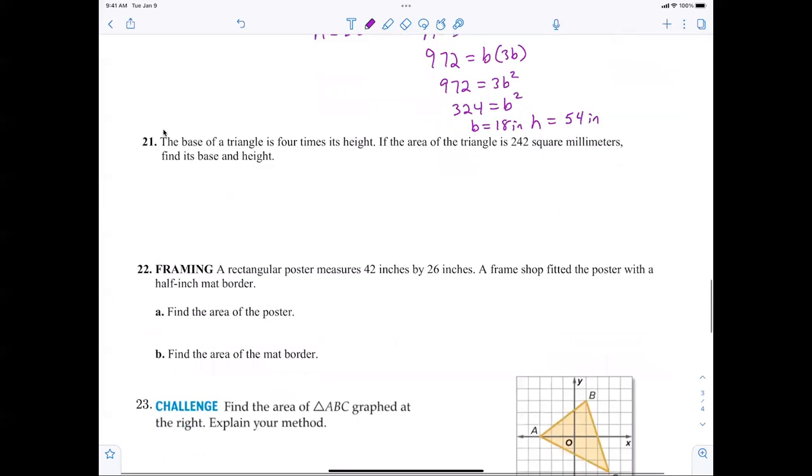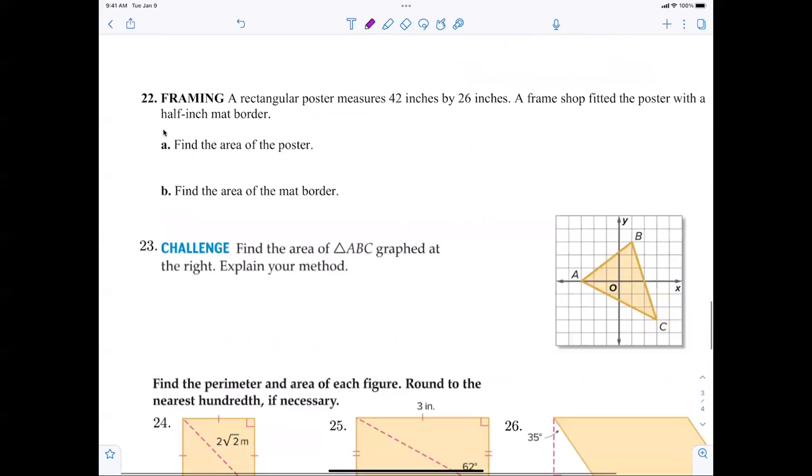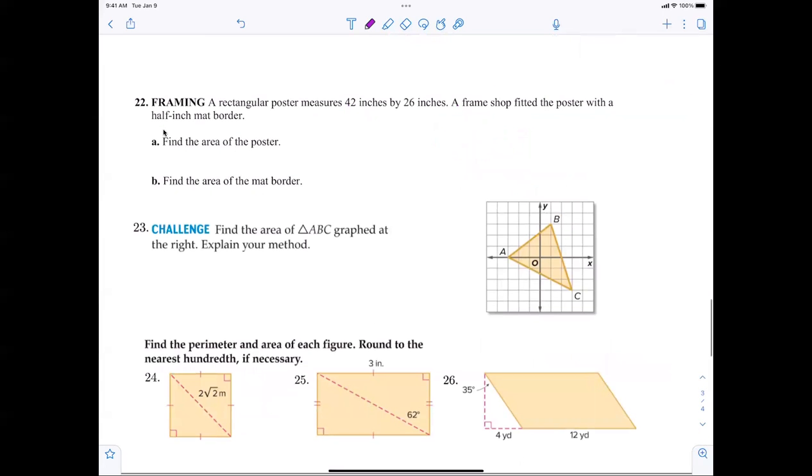All right, so you can do 21. I'm pretty sure about that. Okay, come on, guys. A rectangular poster is measured 42 by 26. A frame shop fitted the poster with a 1/2 inch matte border.